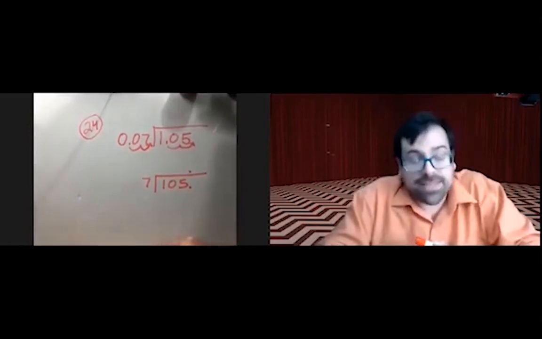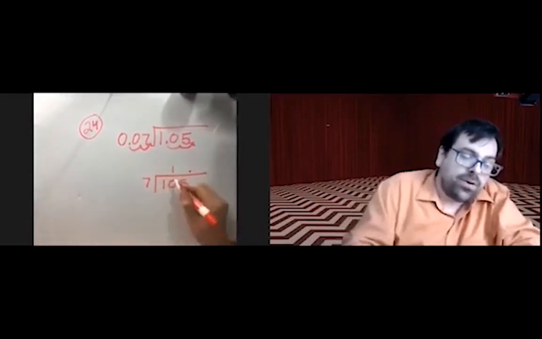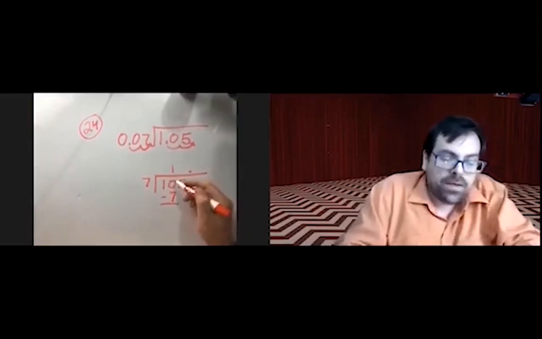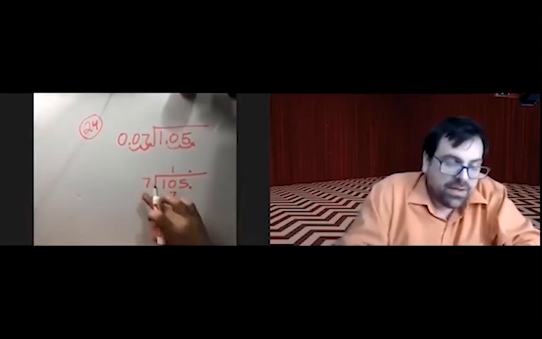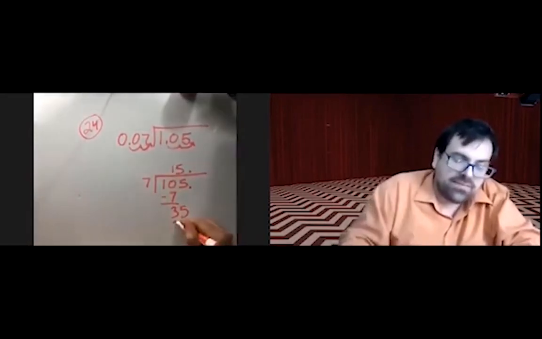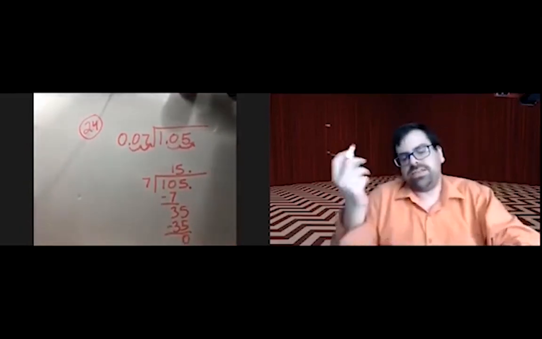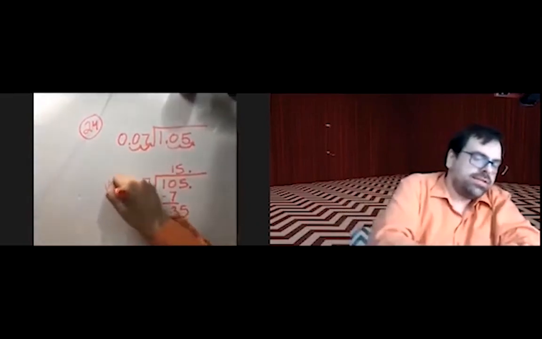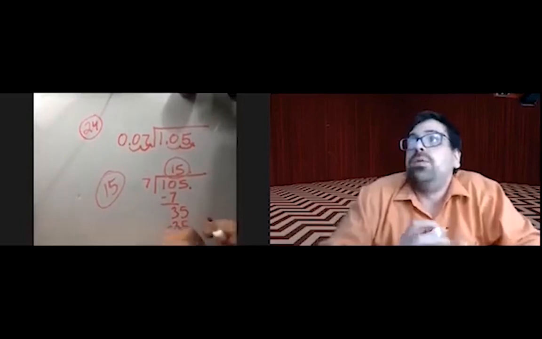But not necessary, because 7 goes into 10 once, and around the corner 1 times 7 is 7. 10 minus 7 is 3, bring down the 5. 7 goes into 35 5 times evenly. No remainder, no need for a 0 to bring down. The answer is just plain old 15, not 1.5.